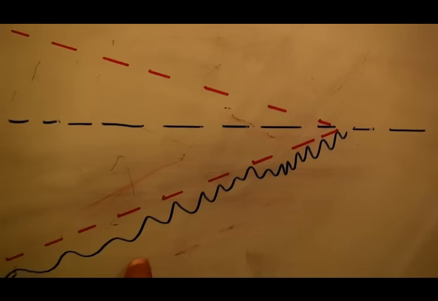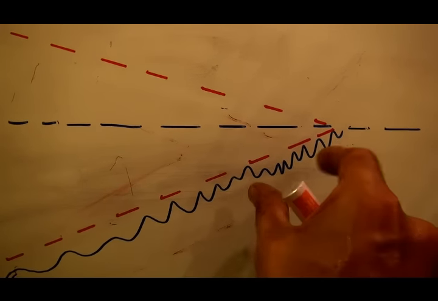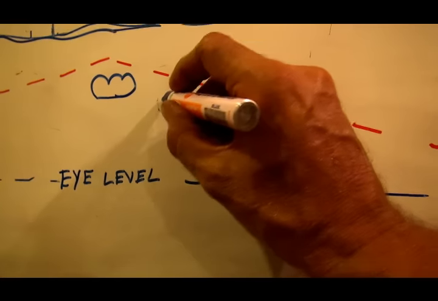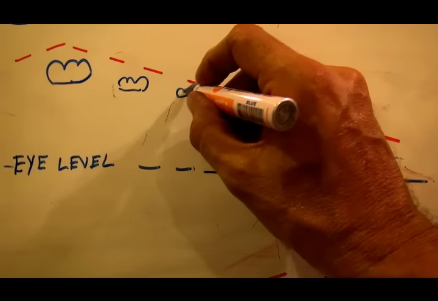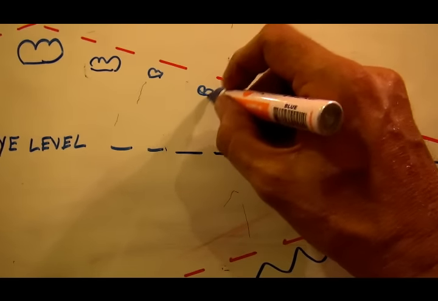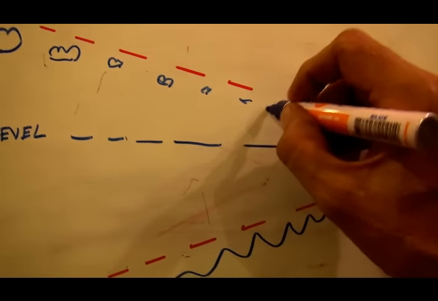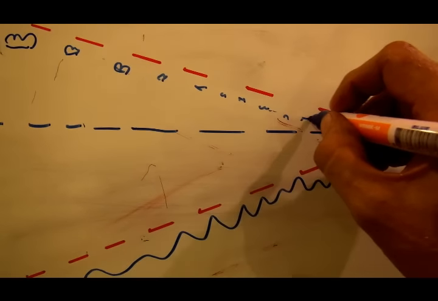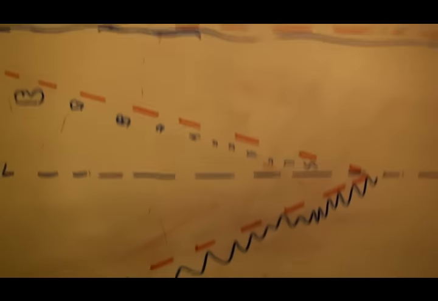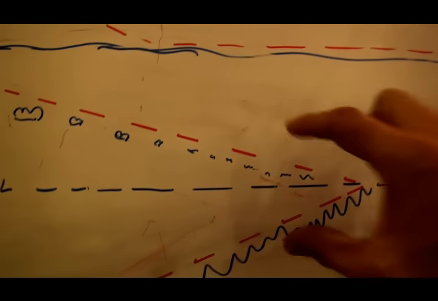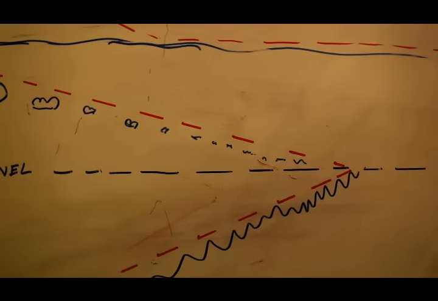Over distance we've got more and more waves to squeeze into this smaller and smaller space. Same with the clouds. Those clouds are going to get smaller and smaller and smaller and appear to condense into a smaller space.